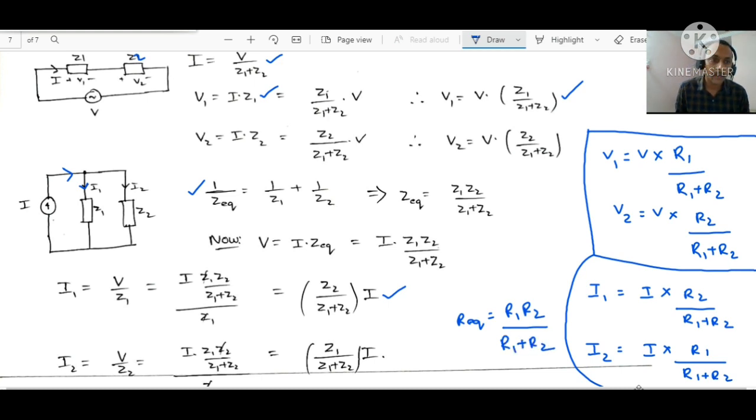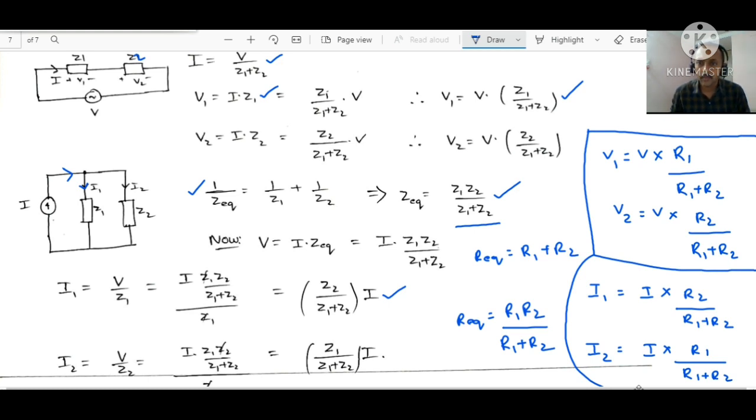Similarly, if two impedances Z1 and Z2 are in parallel, then Z equivalent will be Z1 Z2 divided by Z1 plus Z2. Very, very important. If two impedances are in series, just like resistors, R equivalent equals R1 plus R2, here also we write Z1 plus Z2.